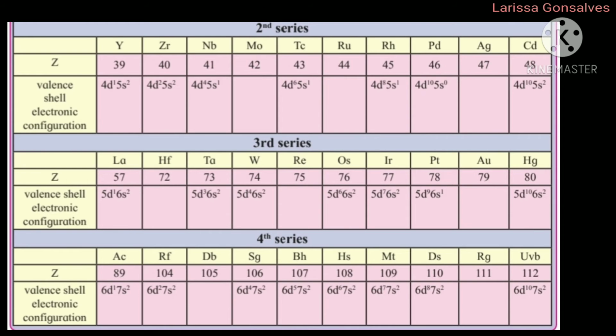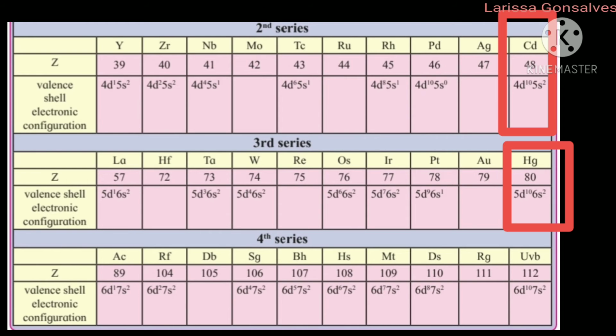Similar is the case of cadmium and mercury. Cadmium has an atomic number of 48 and the electronic configuration is 4d10 5s2. So even after removing 2 electrons, that is having an oxidation state of +2, it is left with 4d10 electrons, which means it is still stable.